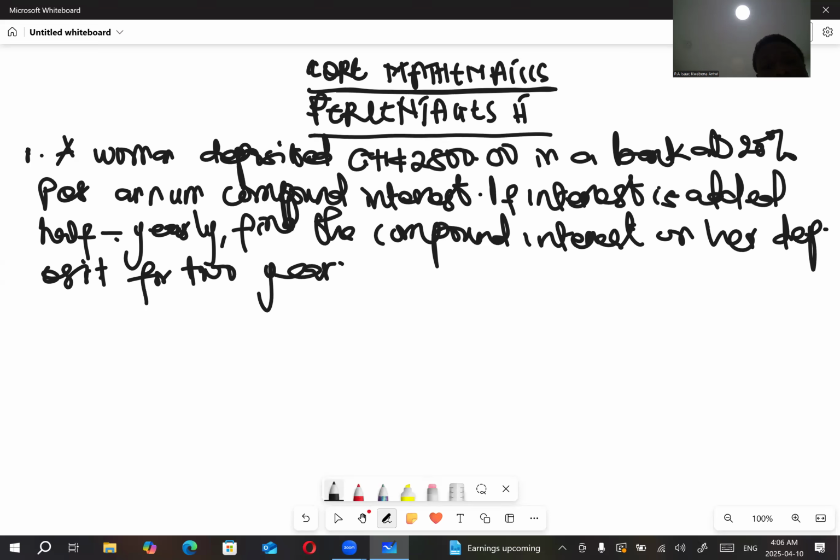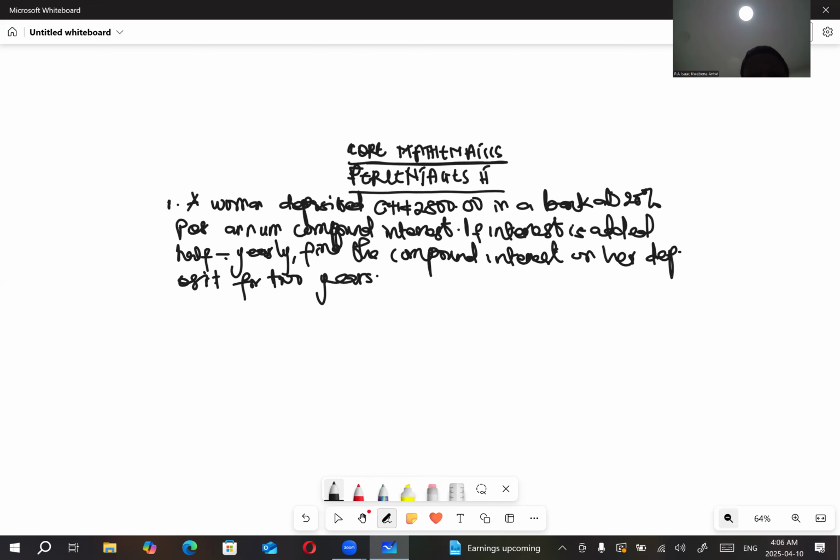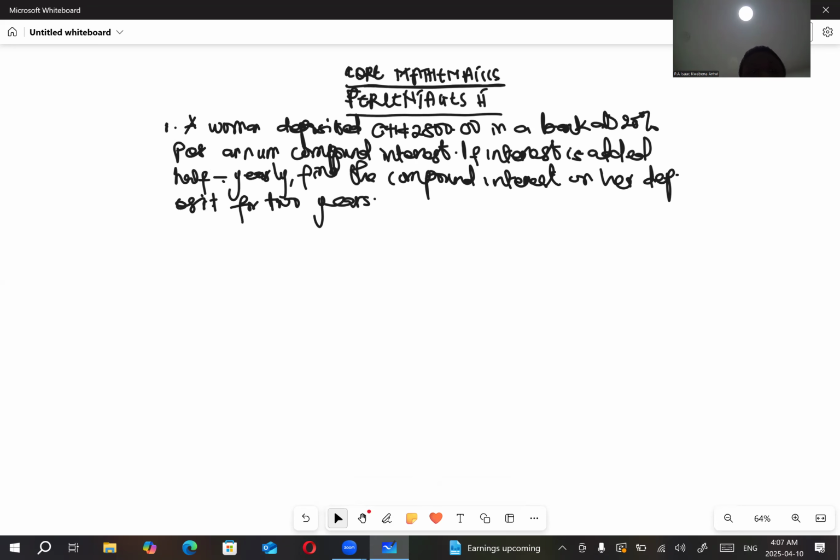Okay, so a woman deposited 2,800 in a bank at 20% per annum compound interest. If the interest is added half yearly, find the compound interest on her deposit for 2 years. Over here, the rate is 20% per year compound interest. You are also told the interest is added half yearly. So these two things will alter the solution.